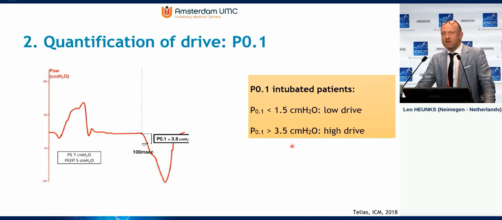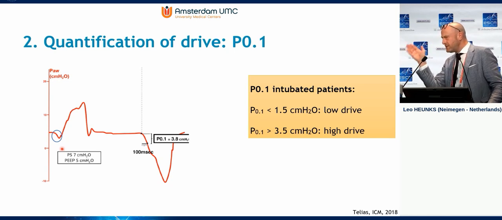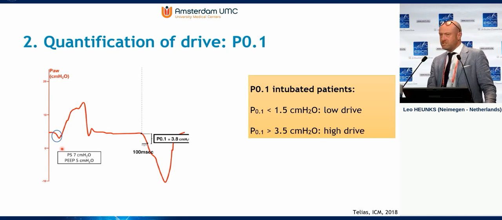And today, almost all modern ventilators will give you the P0.1, usually breath by breath, not, as shown here, during occlusion, but just measuring the change in pressure at the beginning of inspiration. Different ventilators might use slightly different techniques, but this is more or less the principle.